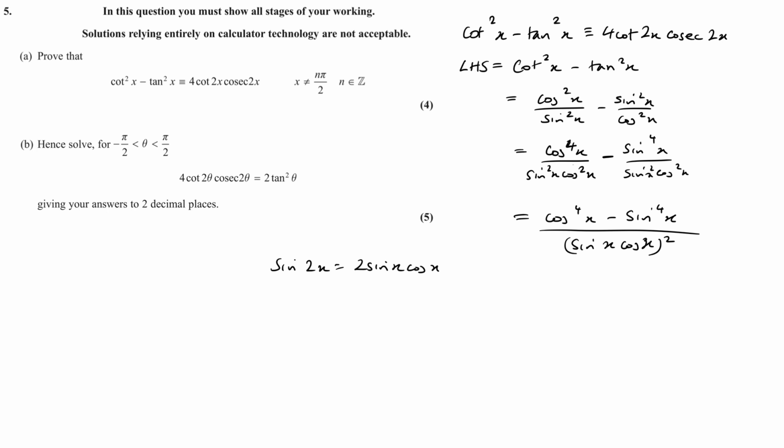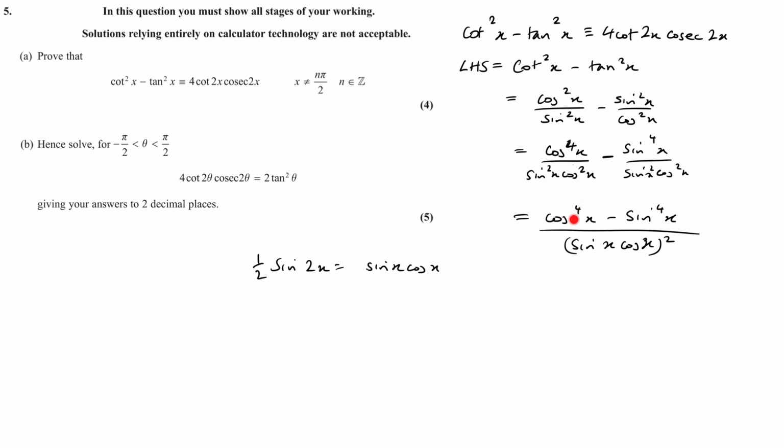So this means that if I rub out the 2 and put a half there, then this is going to give me this, isn't it? So that's the first kind of nice step. That's going to give me my cosec 2x, and dividing by half will bring a 2 to the top. Actually, bring a 4 to the top, won't it? Because this is squared. So that is the cosec and the 4 all sorted.